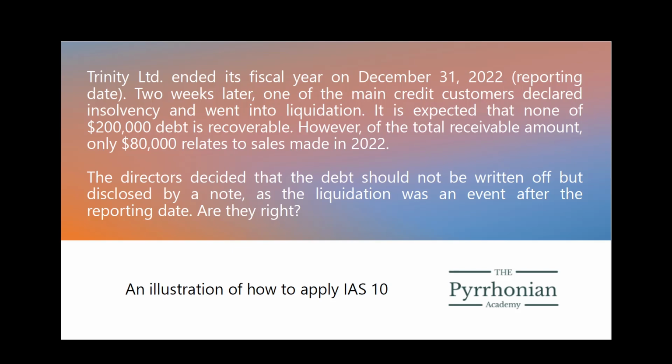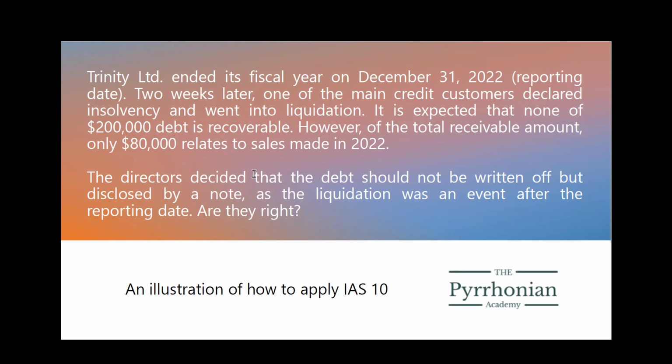So the key information here is that of the 200,000 debt that won't be recoverable, $80,000 relates to the sales made in 2022.